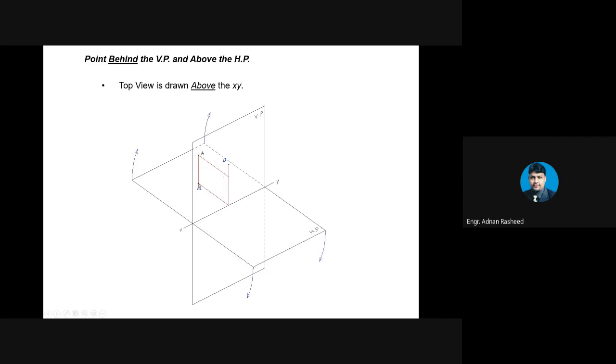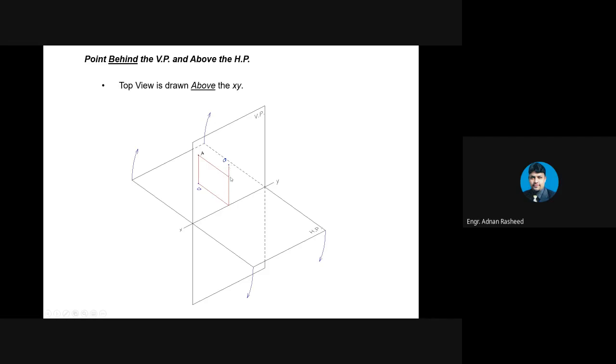If you rotate this, you will see that this A and A dash will be merged with each other.